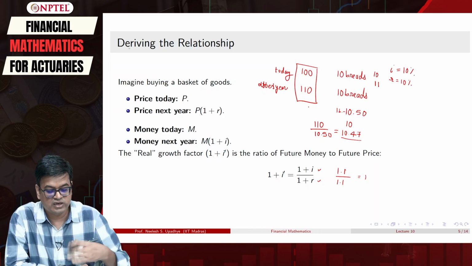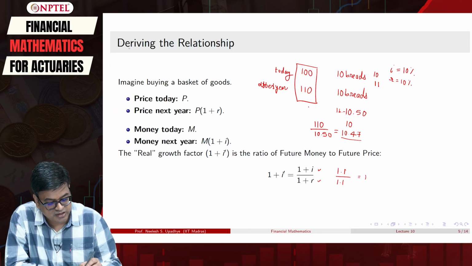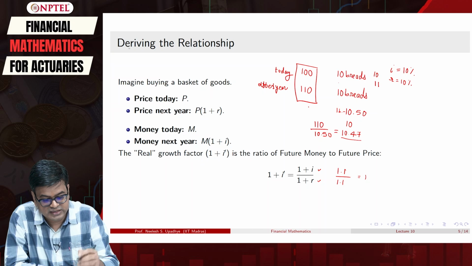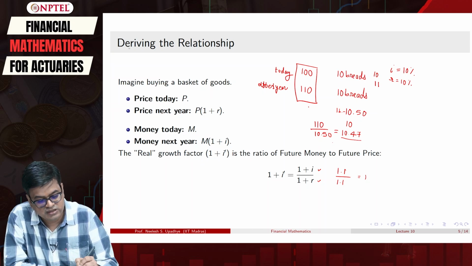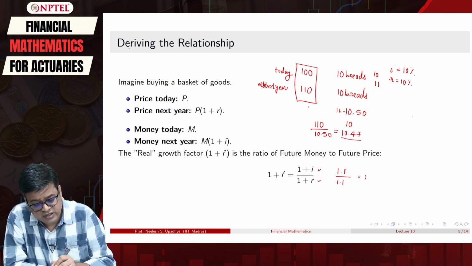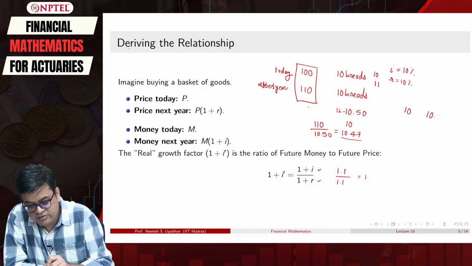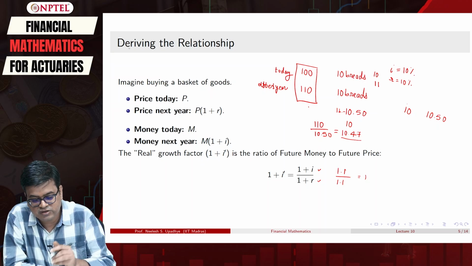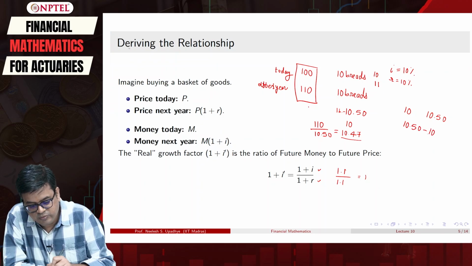So now how will it reflect in this purchasing power? What was I and what has happened? Let us look at those things. The bread cost was 10 rupees and now it has become 10 rupees 50 paise. Because we are relating inflation on this, the increase can be seen as 10.50 minus 10, which is equal to 50 paise, right.